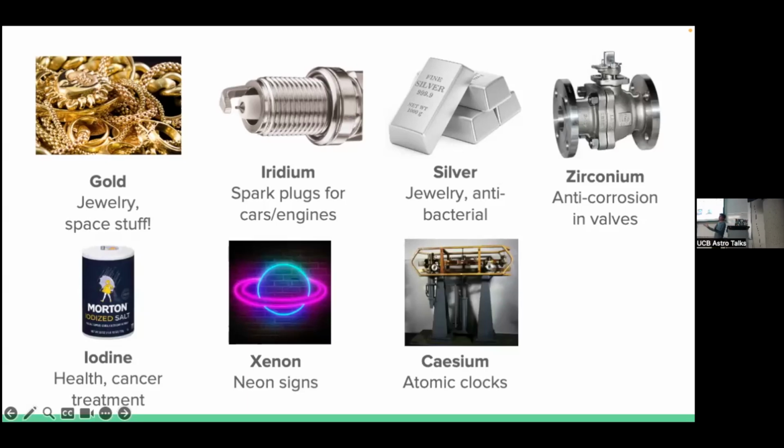A lot of the clocks that we have these days might be based off of cesium atomic clocks. They're very, very precise. And lastly, in a lot of more advanced technologies, neodymium is a pretty common, incredibly strong magnet. So these are all examples of heavy metals that we use in our daily lives.